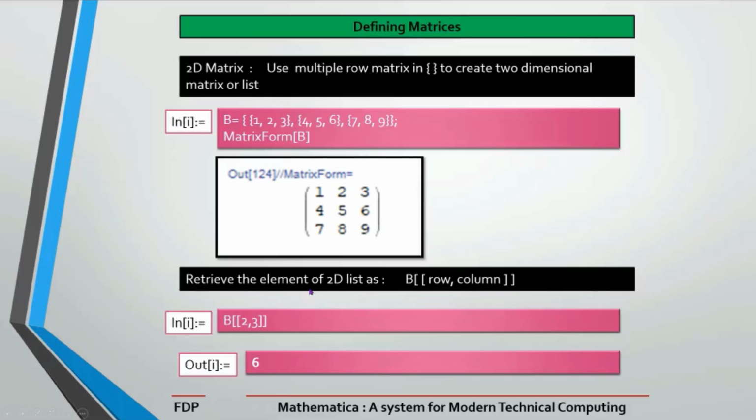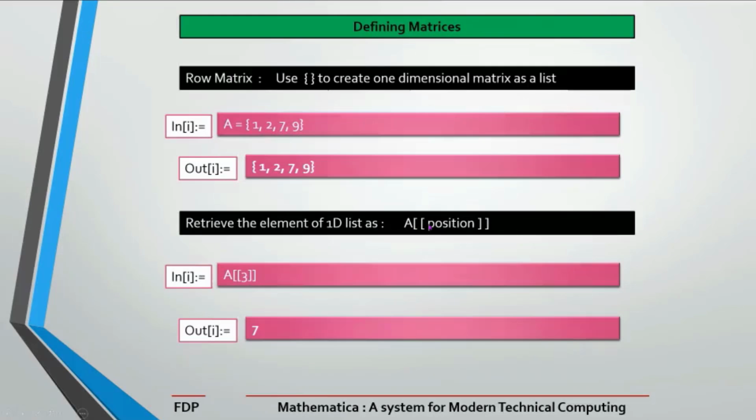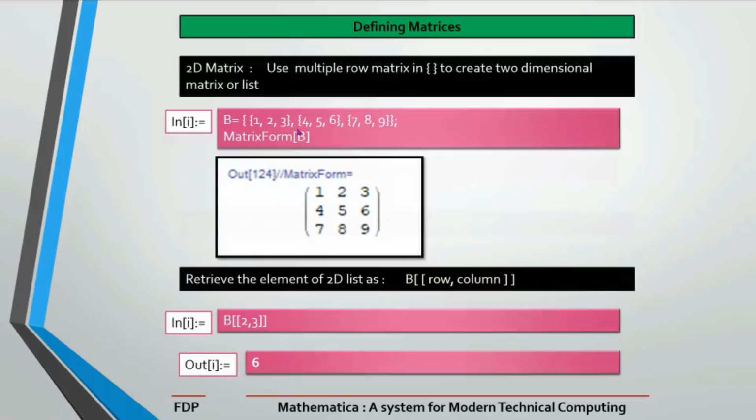So how can you retrieve an element of a 2D list? The same rule is applied here also. Now you can see the matrix name with double square brackets, like this. Here was position, right? In 1D you have the index, first element, second element, third element, fourth element, right? But in 2D this one is your first row, first column. This one is first row, second column, first row, third column.